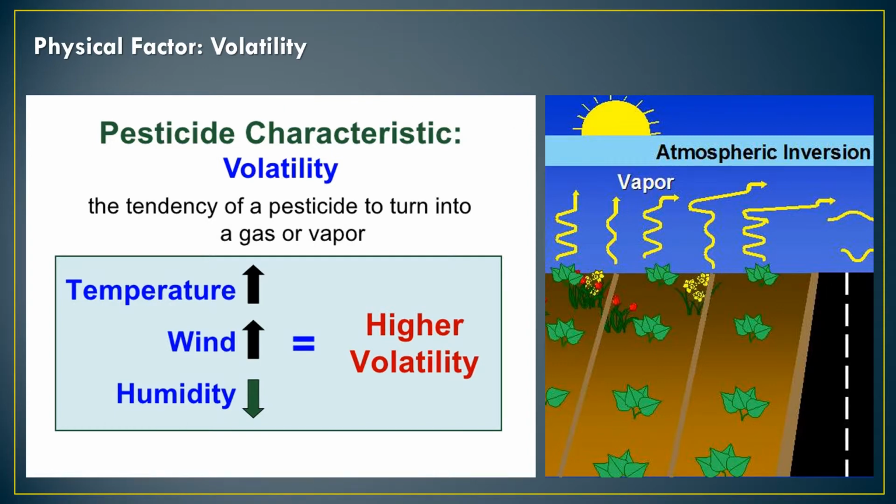Next is volatility. Volatility or evaporation affects location. It changes a molecule's physical state from liquid to gas but does not cause chemical change or molecular degradation. Volatility can occur from soil or plant surfaces. Herbicides that volatilize from the soil surface move through the atmosphere, the easiest and most available route.